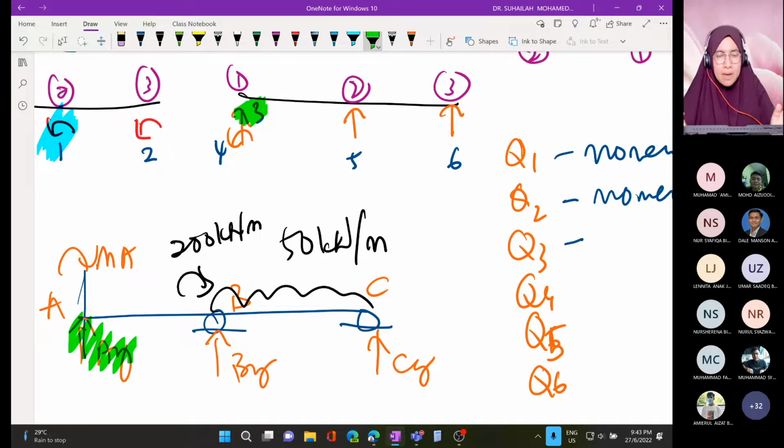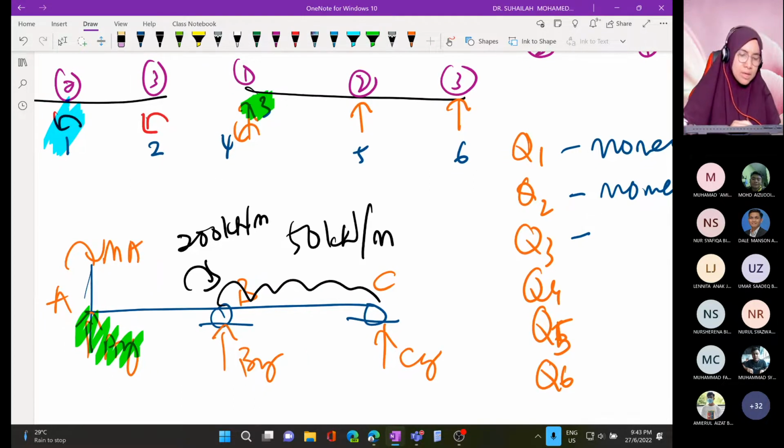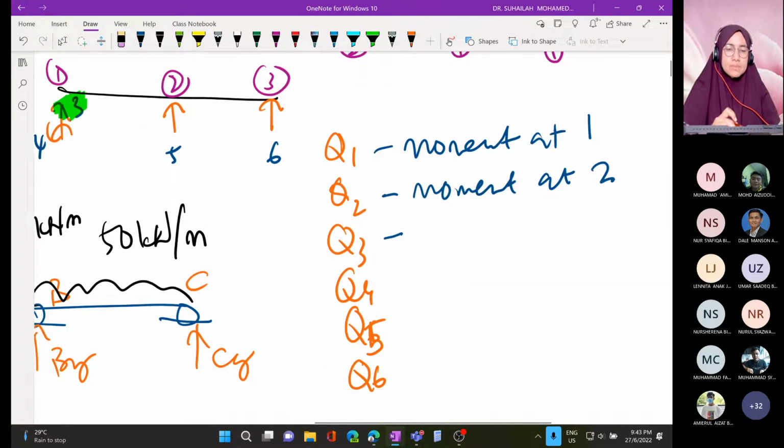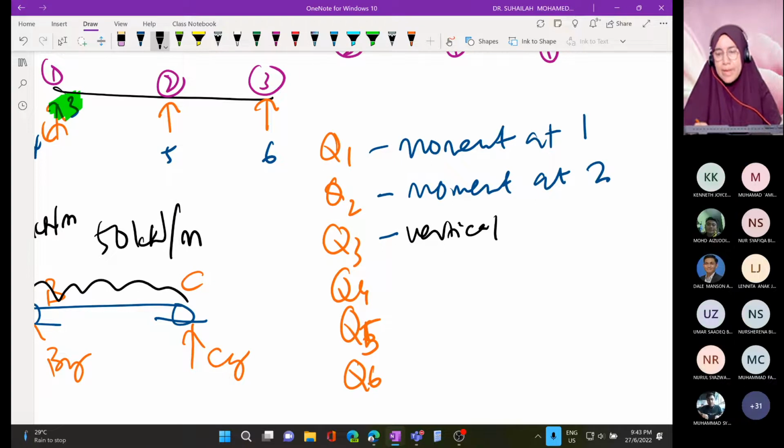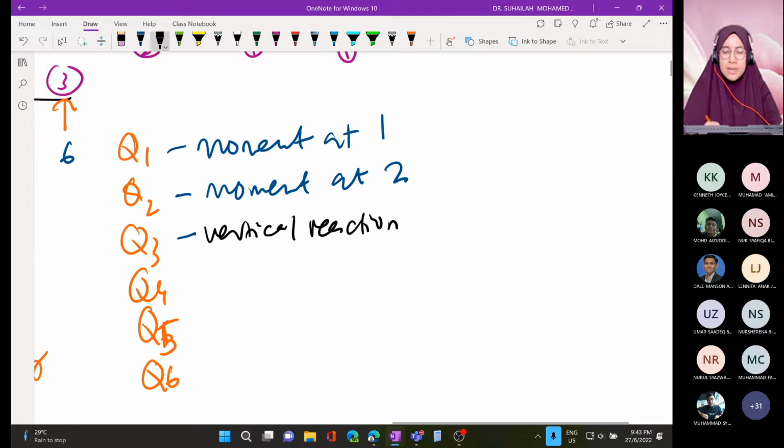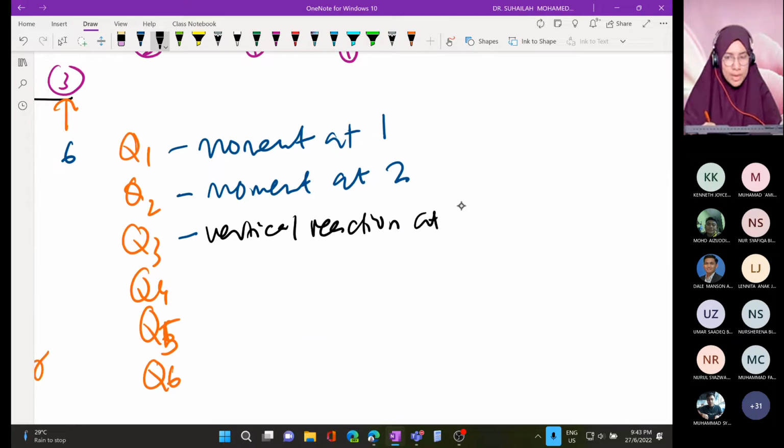Vertical reaction at node 1. If we compare with the one below, it is equal to AY. Vertical reaction at node 1, this is AY.